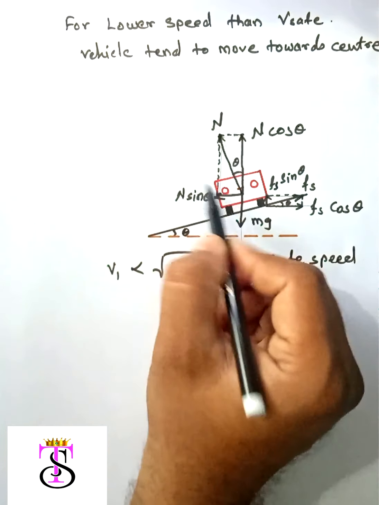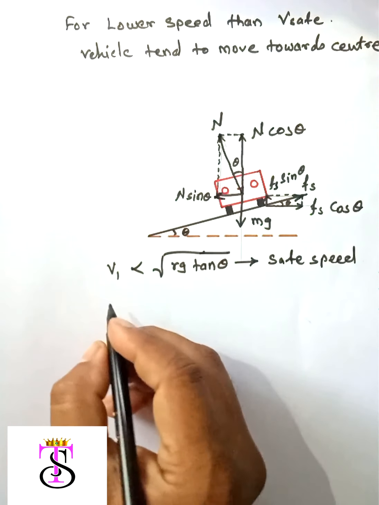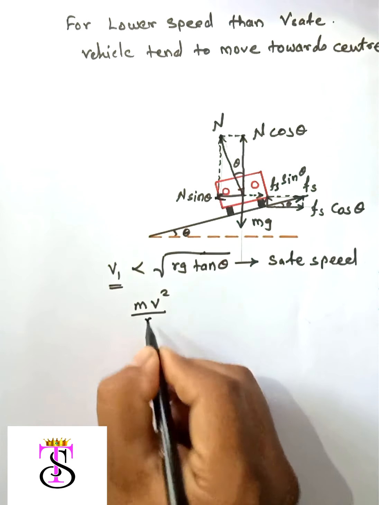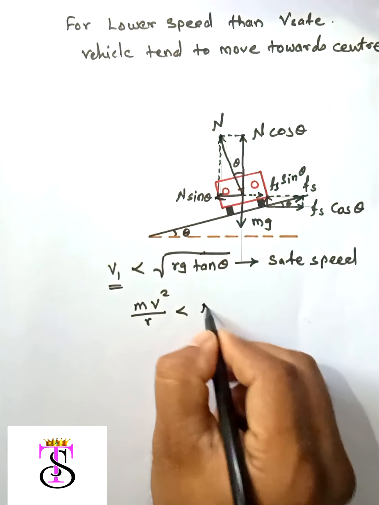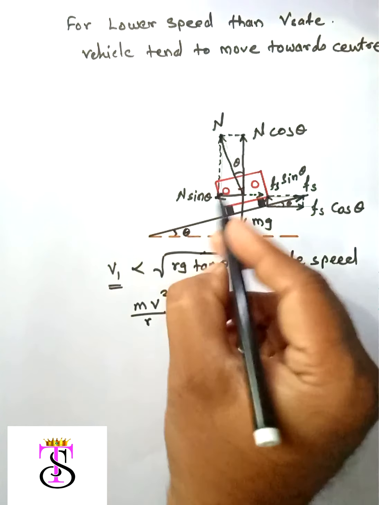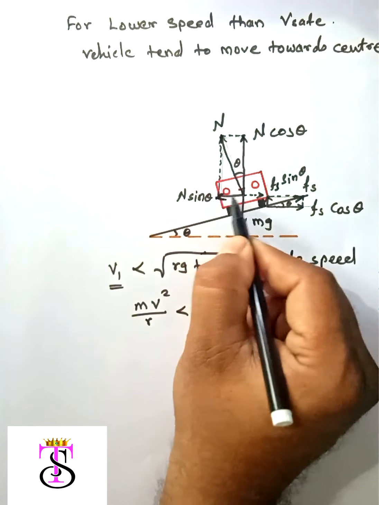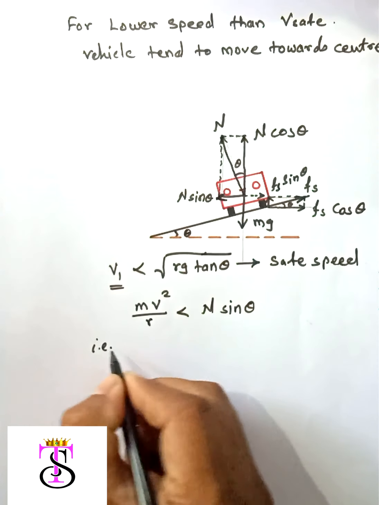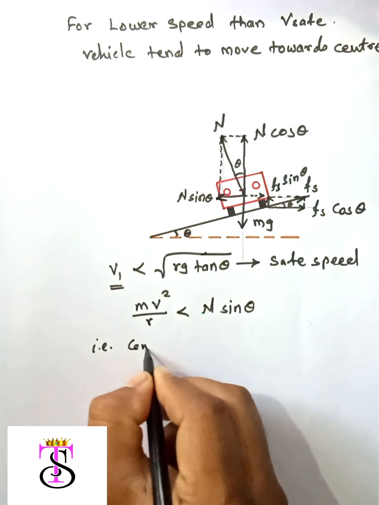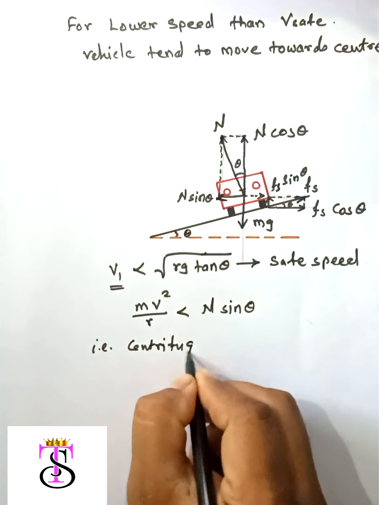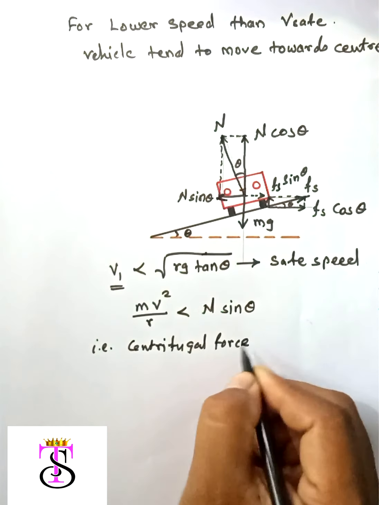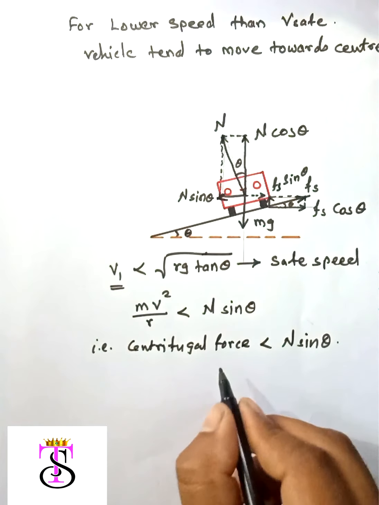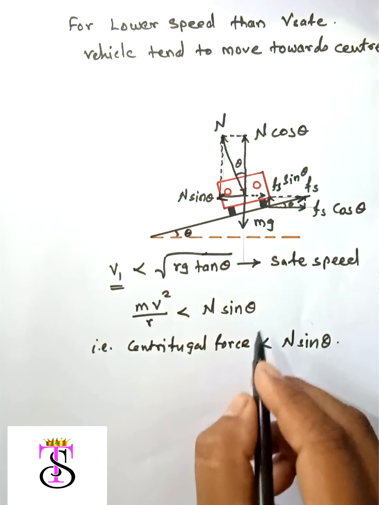For safe speed, the centrifugal force must be less than n sin theta, the horizontal component of the reaction. Then and only then will our vehicle be prevented from overturning.